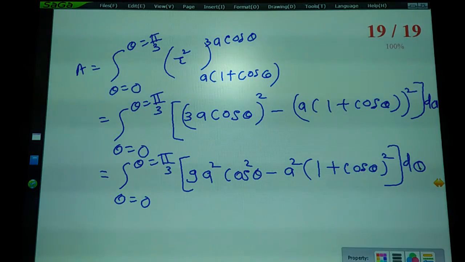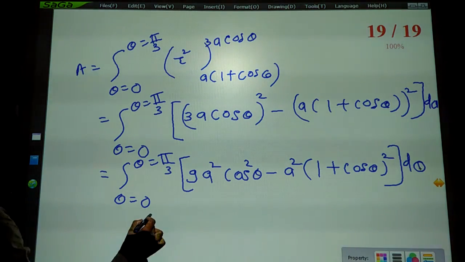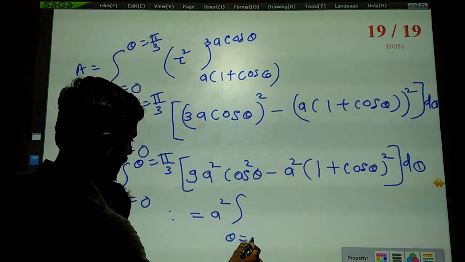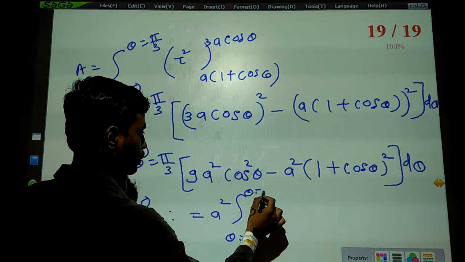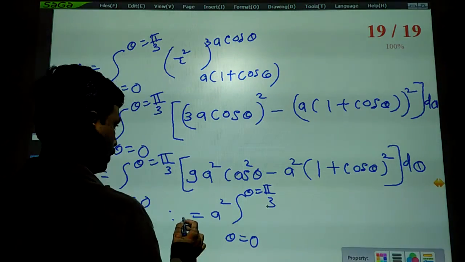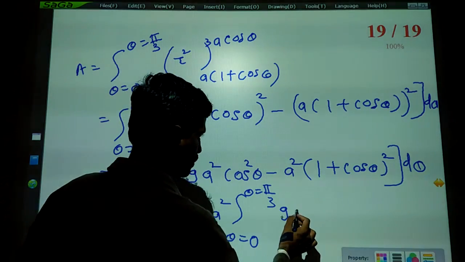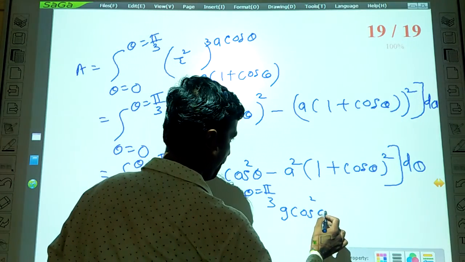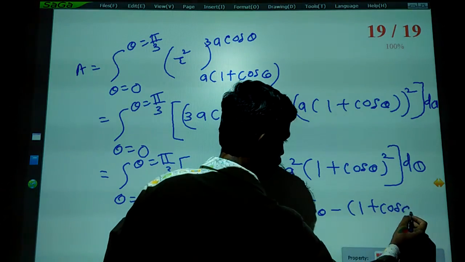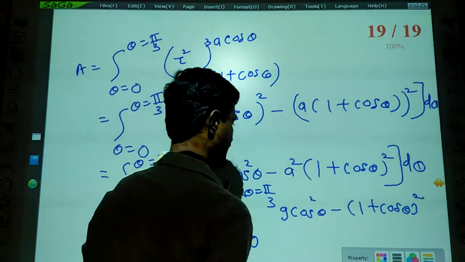So a square is outside from the given integration. Okay, so what is the remaining? A square is outside, theta from 0 to pi by 3, this a square is also outside, so 9 cos square theta minus 1 plus cos theta bracket square.